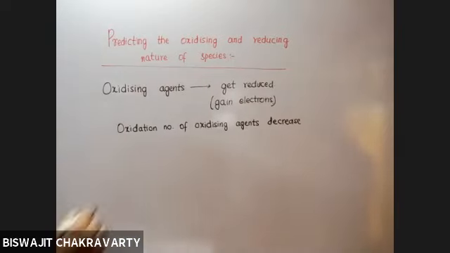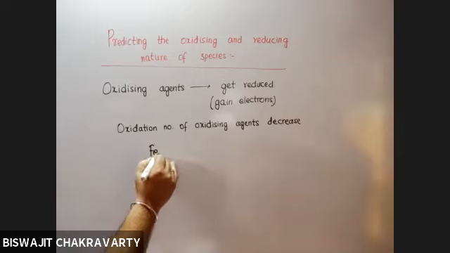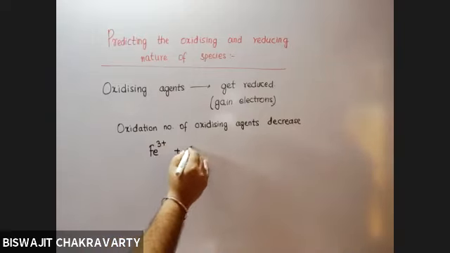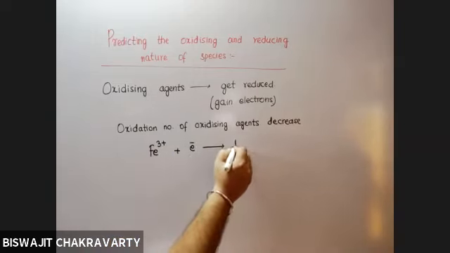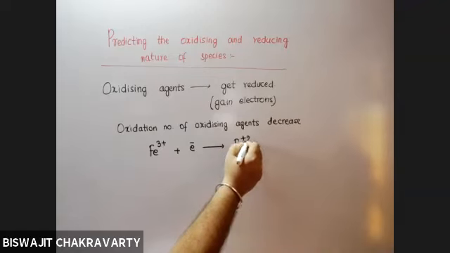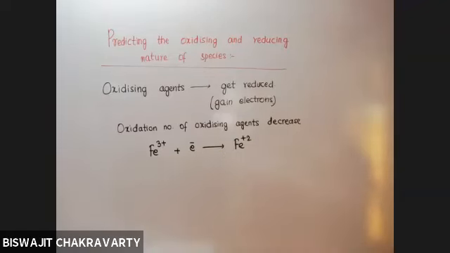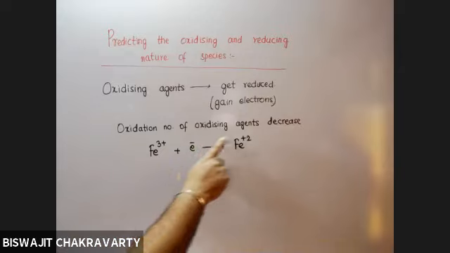It is like saying that suppose we have Fe3+, accepting an electron, it converts to Fe2+. So can we call Fe3+ undergoing reduction or not? Yes. So its charge is decreasing.